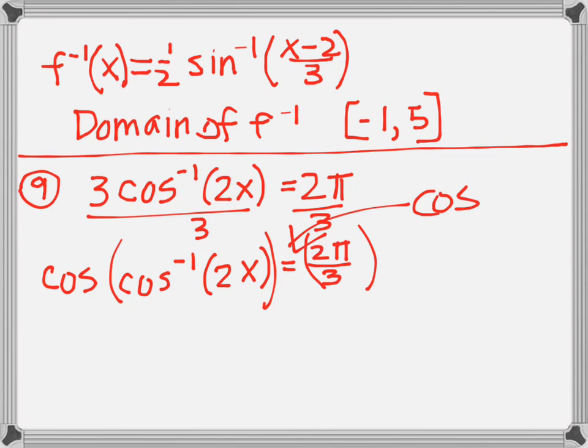Cancel. Those operations are inverses, which means I have 2x left on the left, and I have the cosine of 2 pi over 3 left on the right. We're going to divide by the 2 in front of the x in a moment, but we don't really need to at the moment. First, I want to figure out what is cosine of 2 pi thirds.